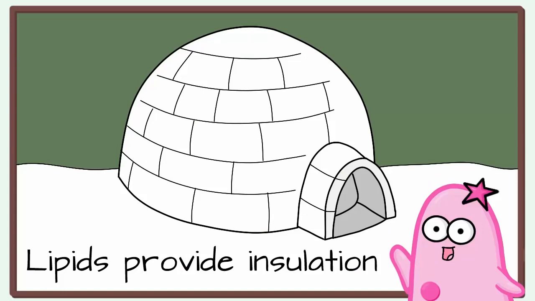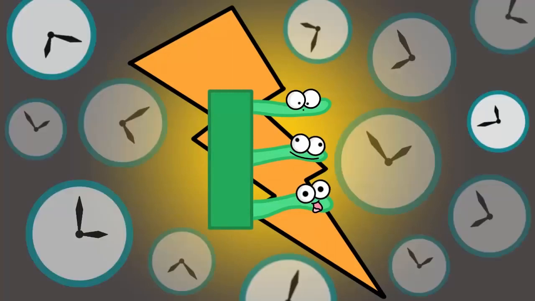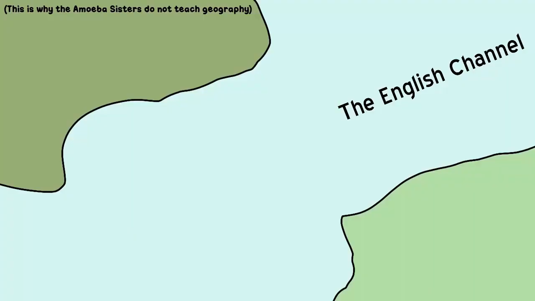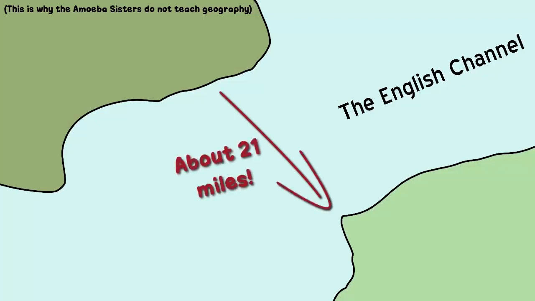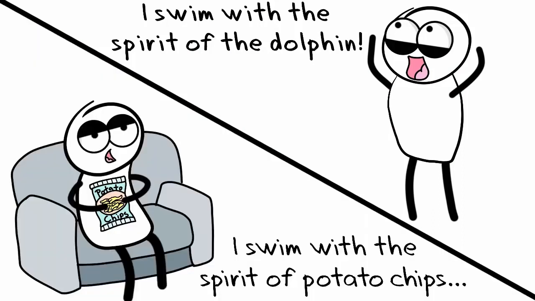Also, you might not think about fats as being related to energy, but fats are a great source of long-term energy. They can store energy for a long, long time. Say, for example, you wanted to swim the English Channel. That's like 21 miles of swimming. The fastest swimmers might be able to do that in 7 or 8 hours, but it might take a lot longer than that for the average swimmer.